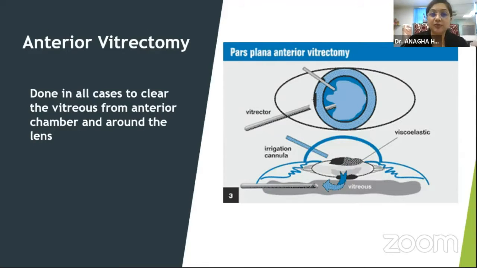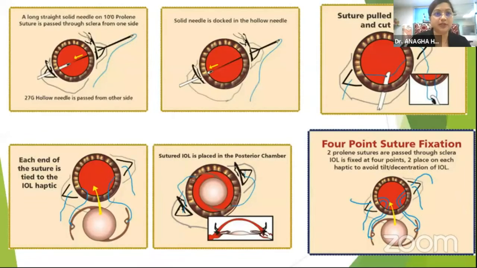But in any of these options, the most important thing is that a thorough anterior vitrectomy has to be done. Like Dr. Rohit just explained in the previous talk, a pars plana anterior vitrectomy has to be done, and that would help to free all the cortical or nuclear material, as well as facilitate proper insertion and implantation of the IOL.